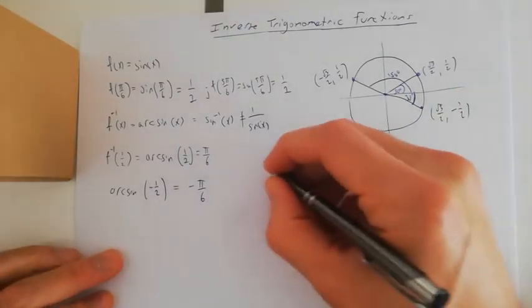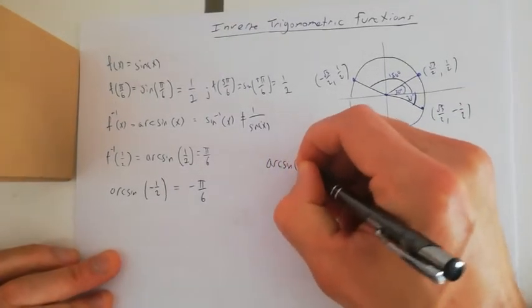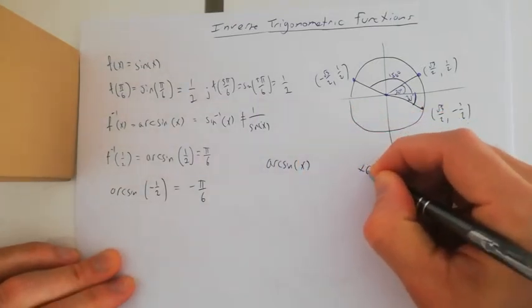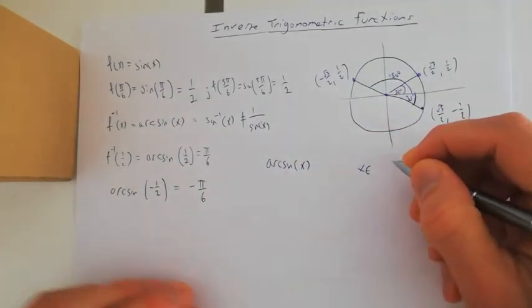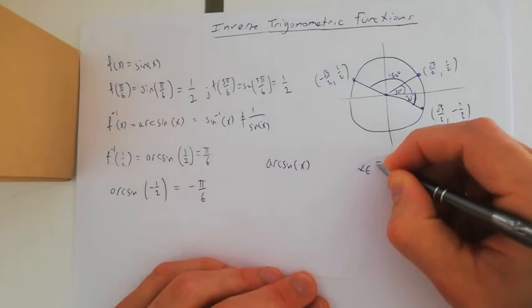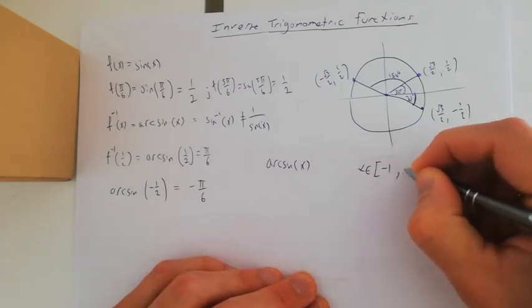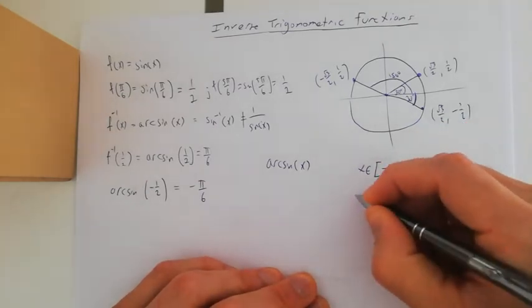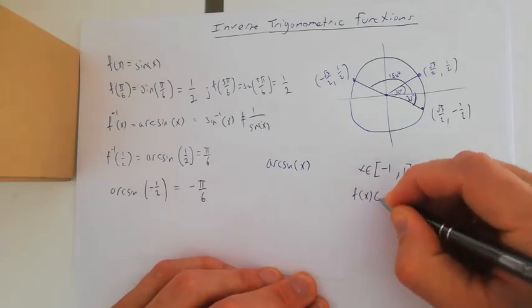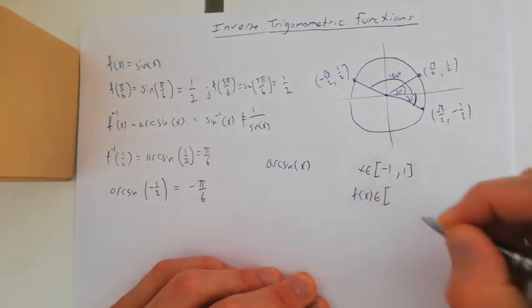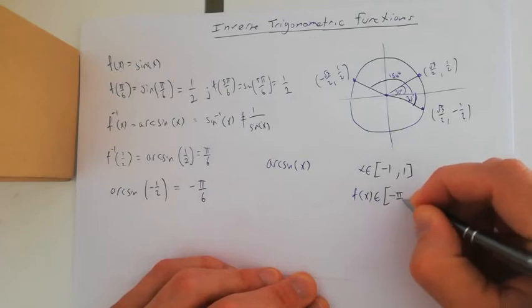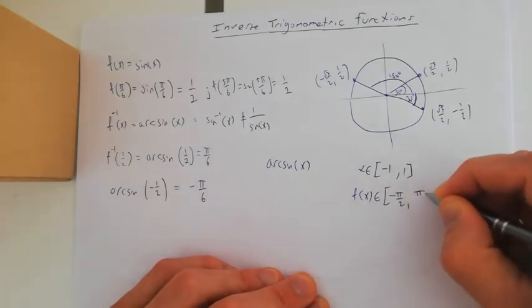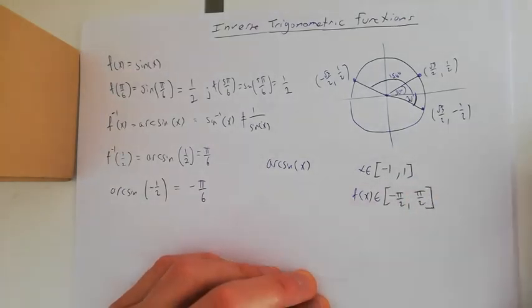In other words, the function arc sine of x, its domain is between minus 1 and 1, and its range is between minus pi over 2 and pi over 2.